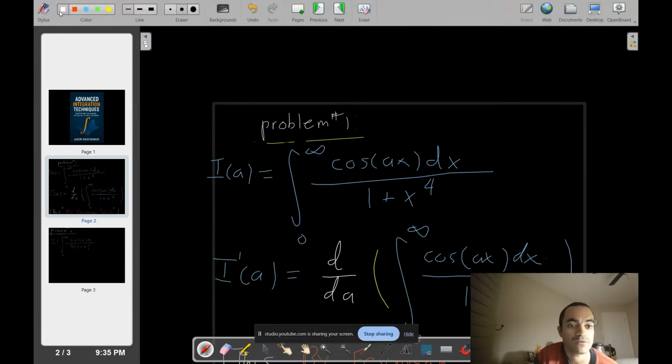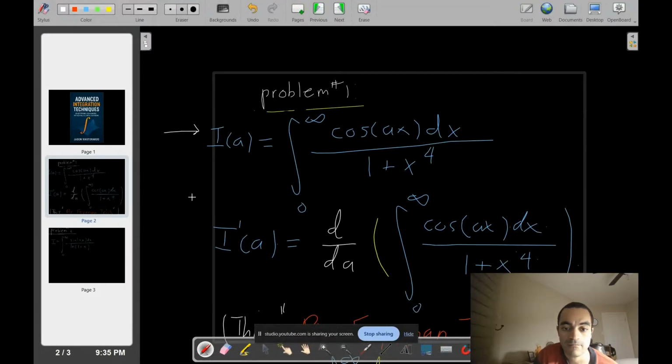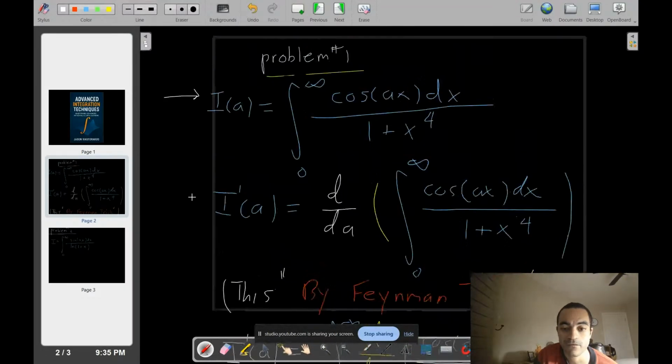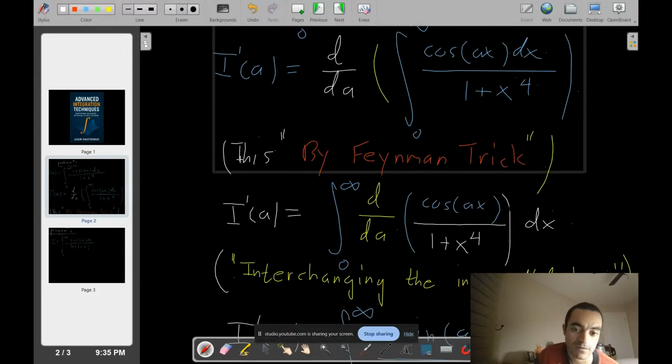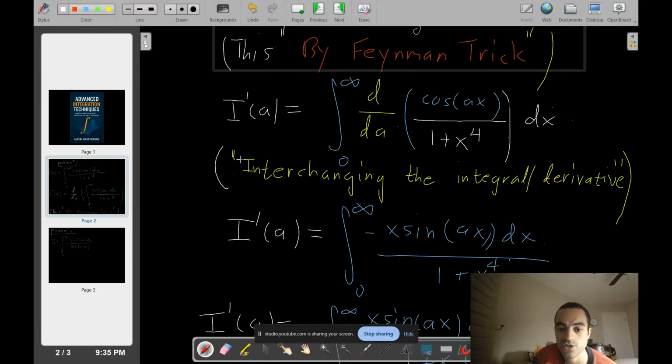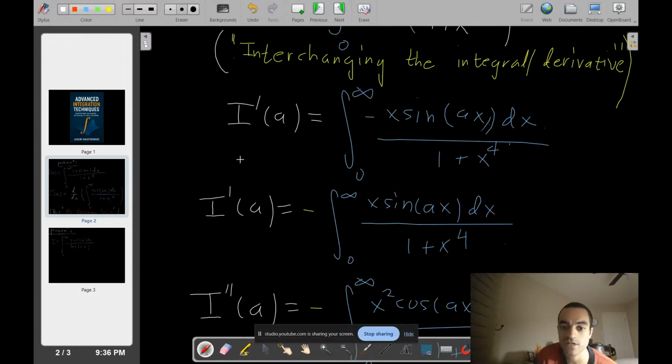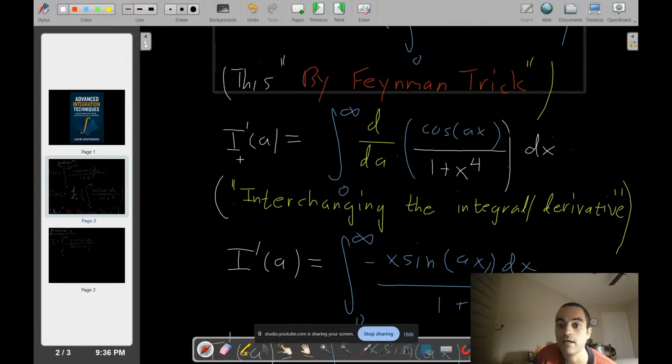Then what I did, again reiterating, I differentiated both sides with respect to the parameter a. That's just a mixture of the Feynman trick with Leibniz differentiation under the integral sign with respect to parameter a.